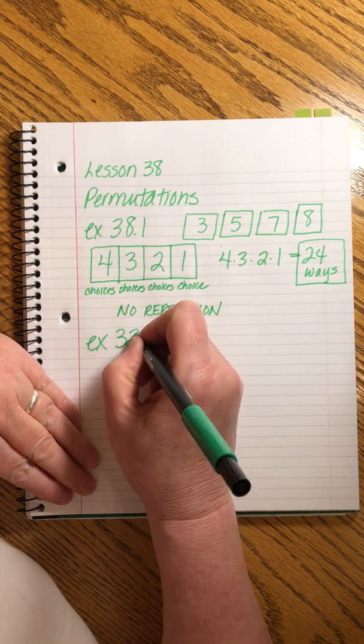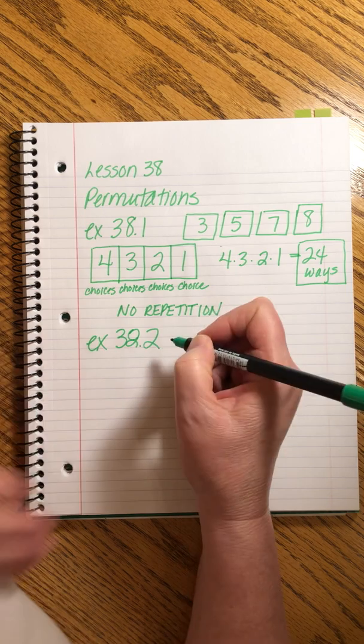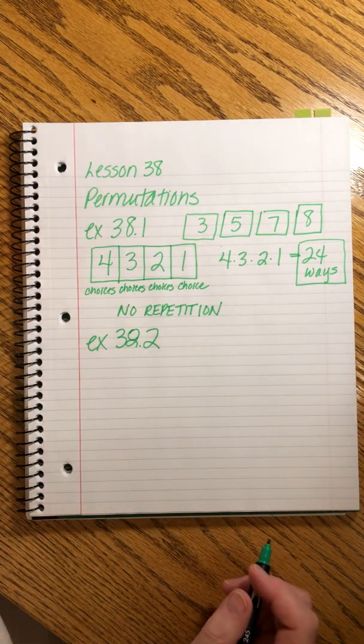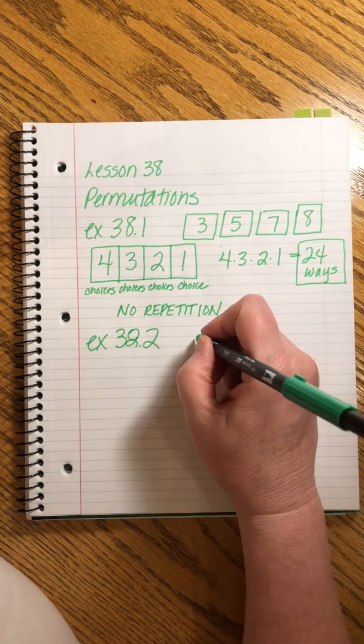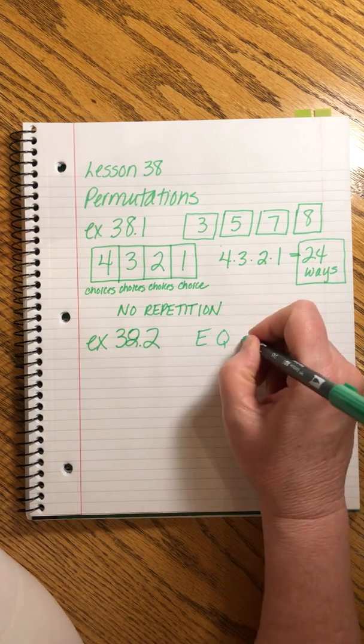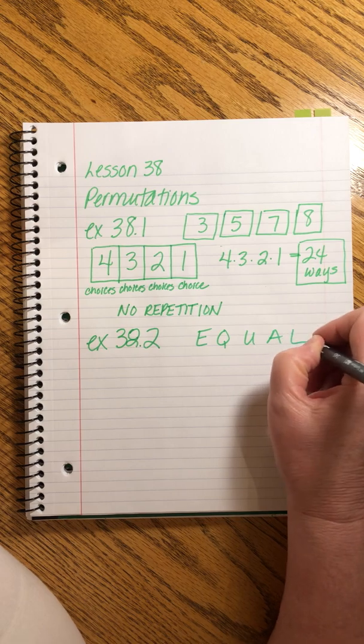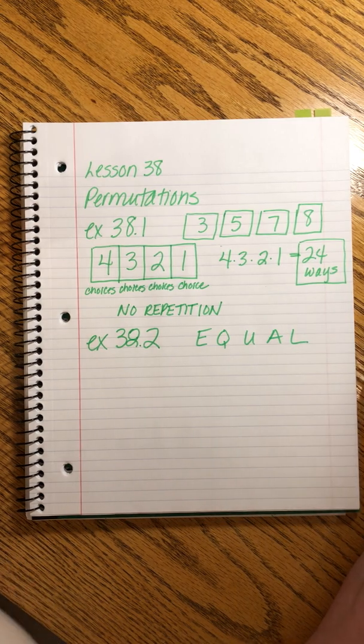38.2. Oops. How many 4-letter signs can be made from the letters in the word equal if repetition is permitted?